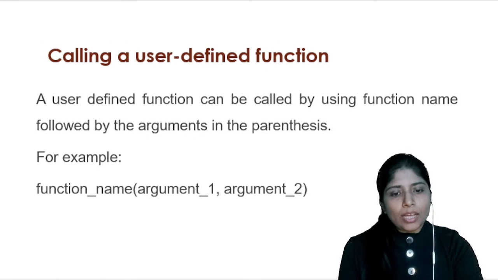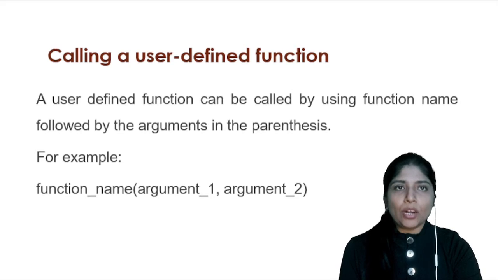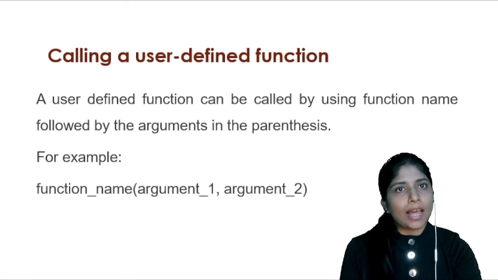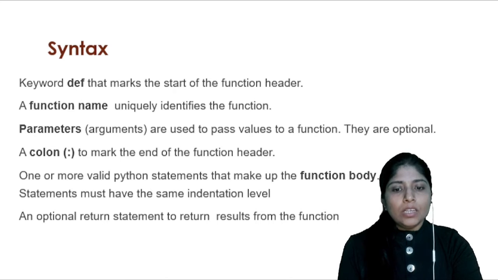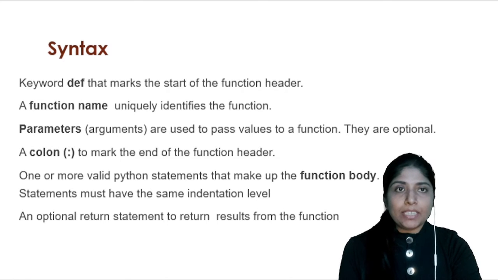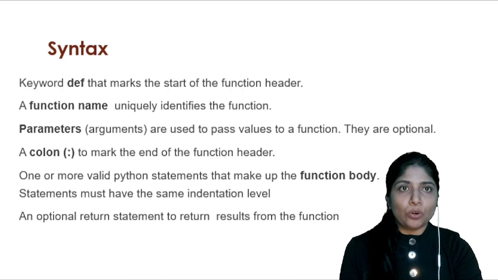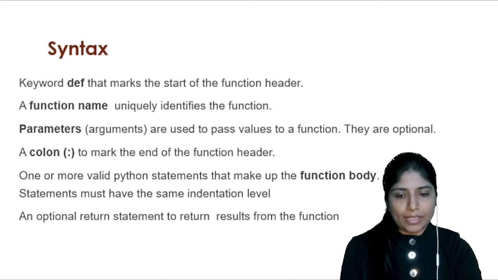You can declare a function using the syntax def, function name and the arguments to be passed in the brackets, and then the block of statements. How to call a user-defined function? For calling a user-defined function, you just write the name of the function and pass the arguments to the function separated by comma. Now the syntax def means the function prototype starts here and the function name must be an identifier. It should follow all the rules of an identifier.